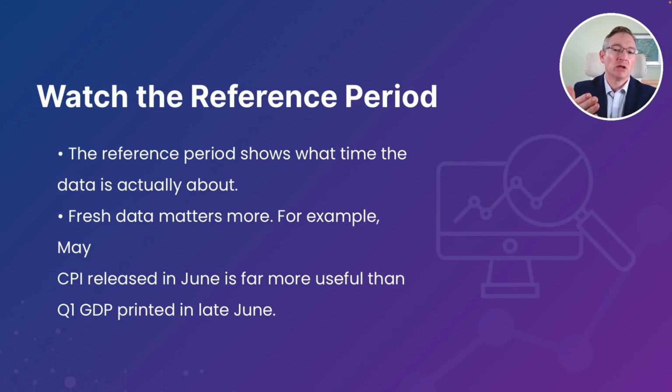Whereas sometimes, if you're looking at a Q1 GDP revision that's come out nearly 4 or 5 months after that time has elapsed, it's not as useful. So you need to see what time this data point is referencing. If there's a release and it's referencing data 5 or 6 months ago, that's not as useful as data that's being released that references data that was taken and collected 2 or 3 weeks ago.